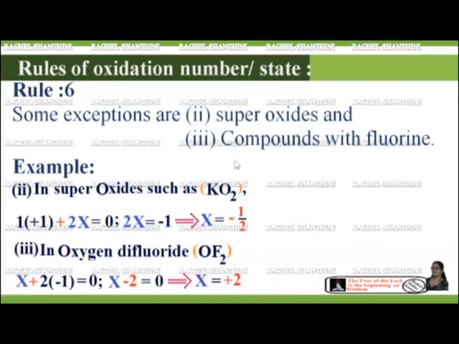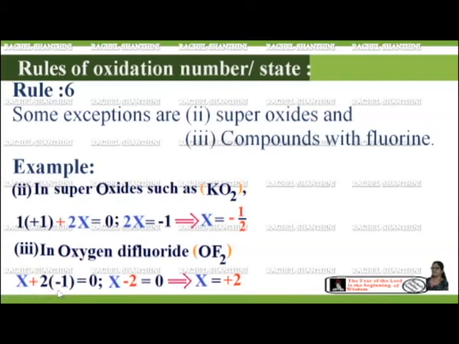Let us calculate the oxidation number of oxygen in compounds with fluorine. For this, let us take oxygen difluoride as an example. Consider the oxidation number of oxygen as X, plus we have 2 fluorines here, so plus 2 into minus 1. Minus 1 is the oxidation number of fluorine.